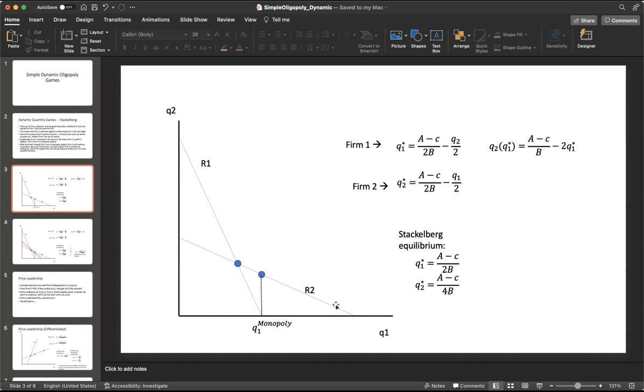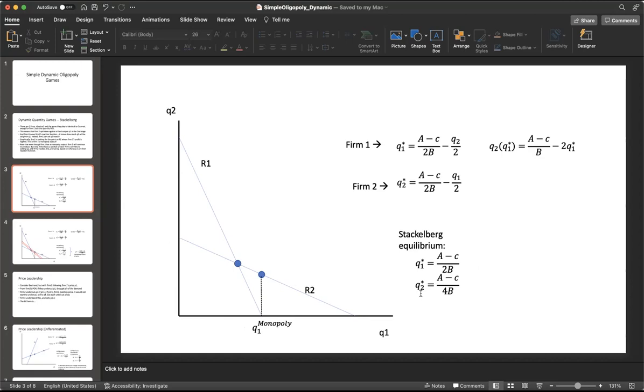Okay, so now let's figure this out. We said that Q1, knowing that it will choose a spot along this line, will produce this one, Q1 monopoly. That's why the Stackelberg equilibrium is A minus C over 2B.